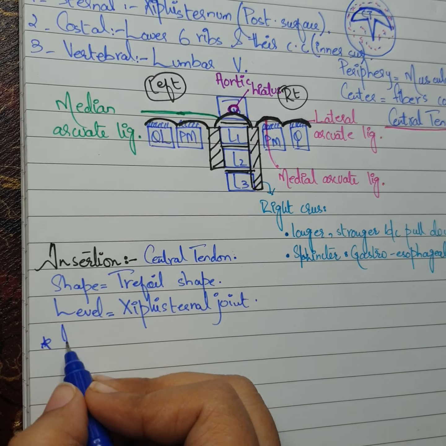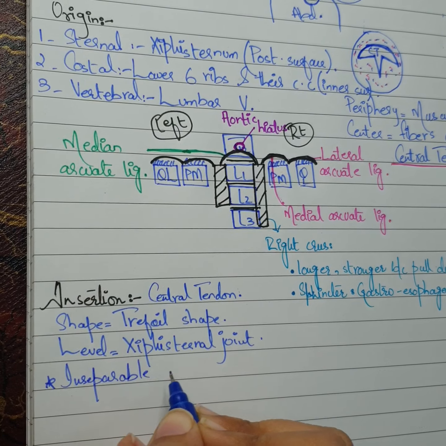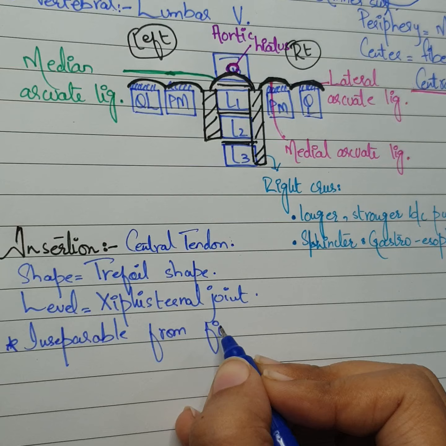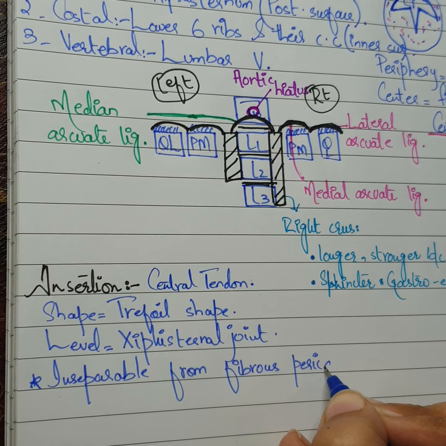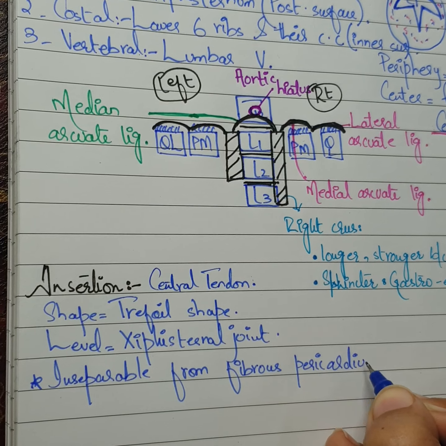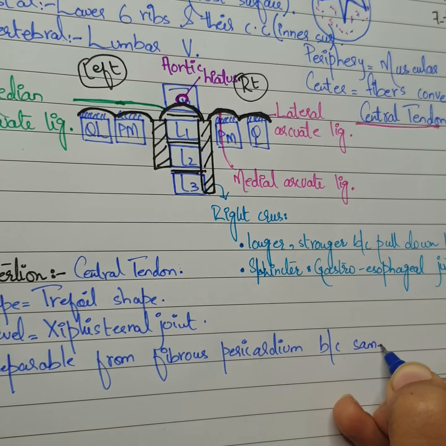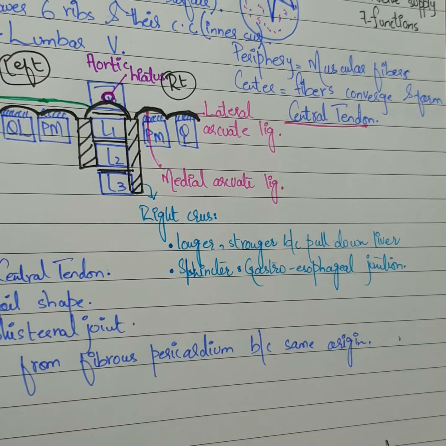One important point to remember about the central tendon is that it's inseparable. We cannot separate the central tendon from the fibrous pericardium because the central tendon and fibrous pericardium have the same embryological origin. That's why they are inseparable even in adults.